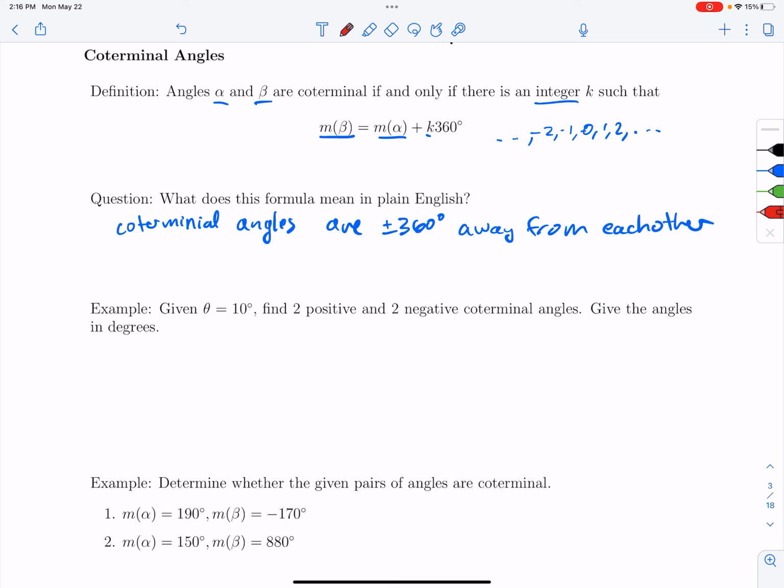Just like we saw in a previous video, that's in degrees, obviously. I could also say plus or minus 2 pi radians.